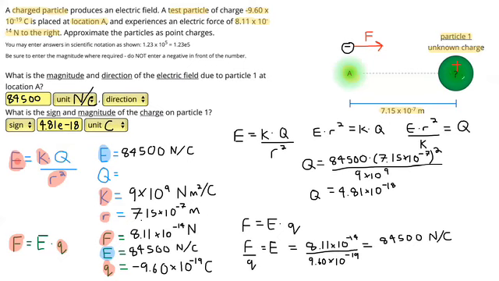So because particle 1 has a positive charge, that means the electric field is going to be pointing away from it. So electric field is going to be pointing away from the positively charged particle. Therefore, our A is going to be to the left. And lastly, we can fill in our sign on particle 1, which was positive.